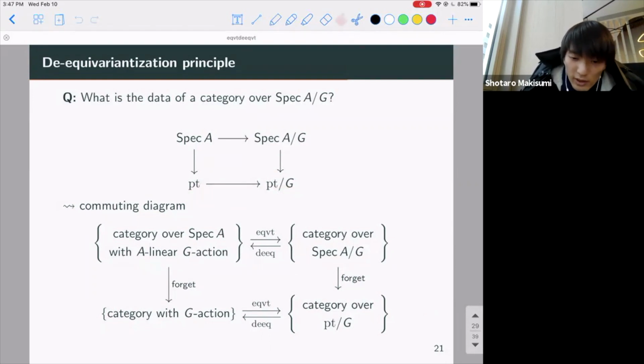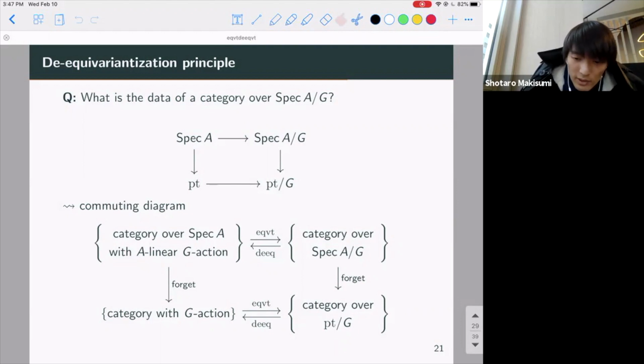You can do the exact same thing, doing de-equivariantization by considering spec A to spec A mod G. You just spell out the same thing. You find that there's again a correspondence between a category over spec A mod G and a category over spec A with an A-linear G action. And these two procedures, these two rows, actually commute with forgetting the A action.